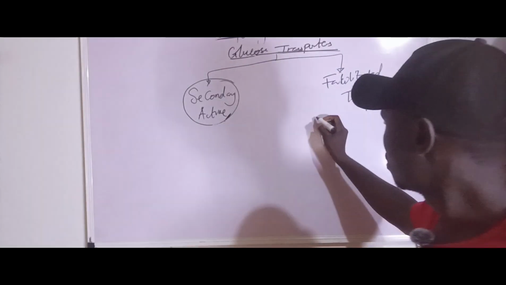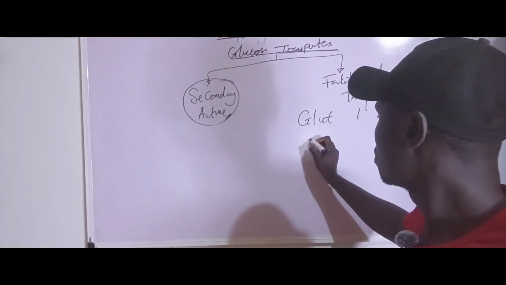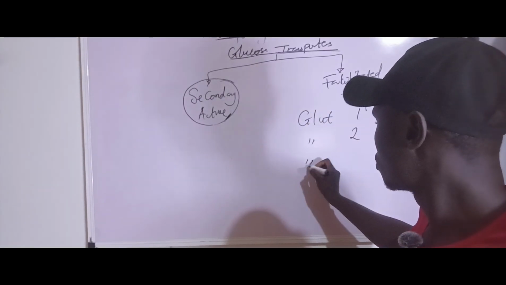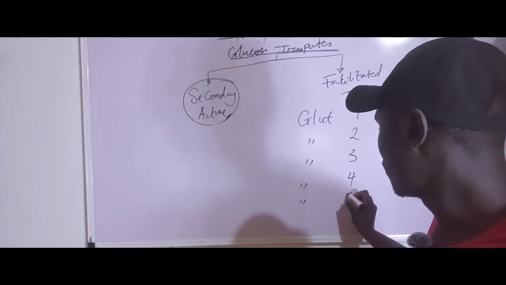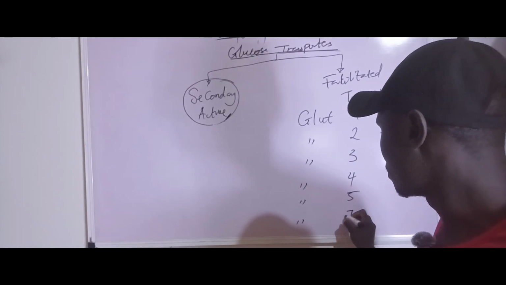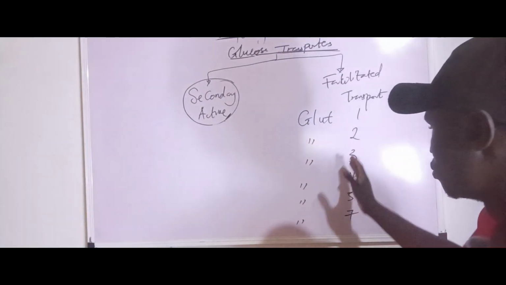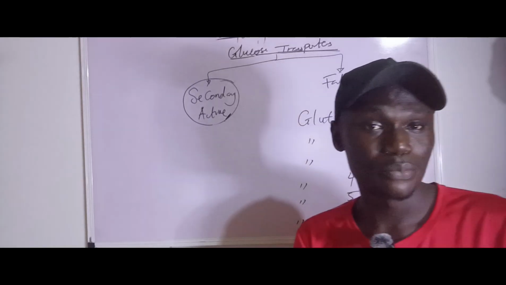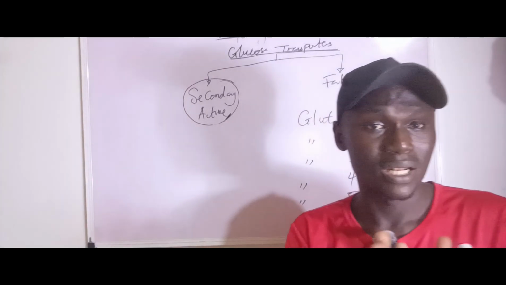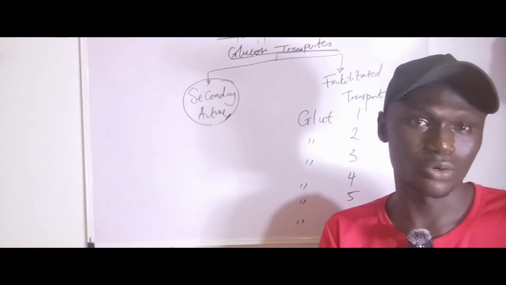So yeah, the ones that are important for you include GLUT1, GLUT2, GLUT3, GLUT4, GLUT5, and GLUT7. Are you there now? Now, if you notice, I didn't put S-GLUT because they don't depend on sodium, okay?